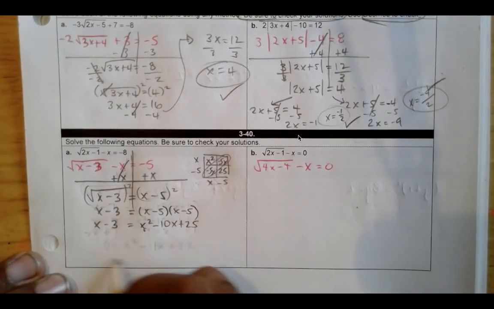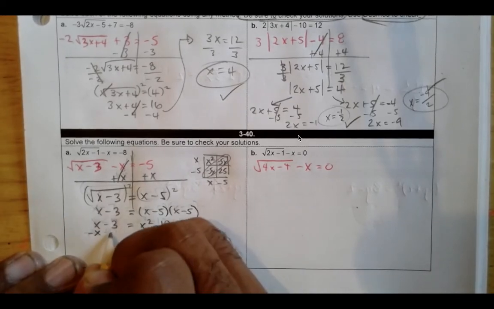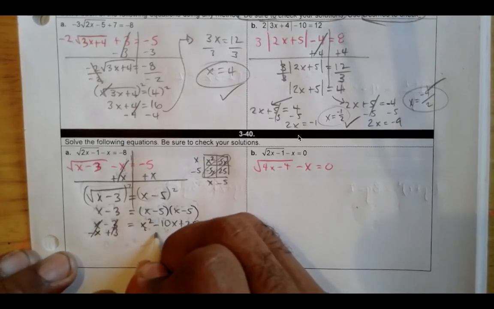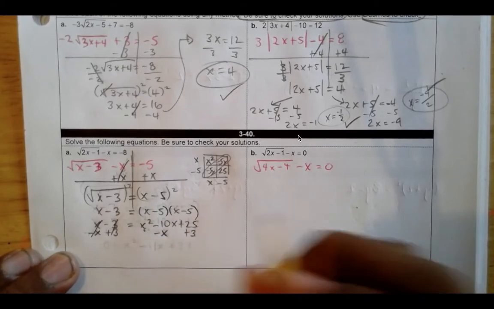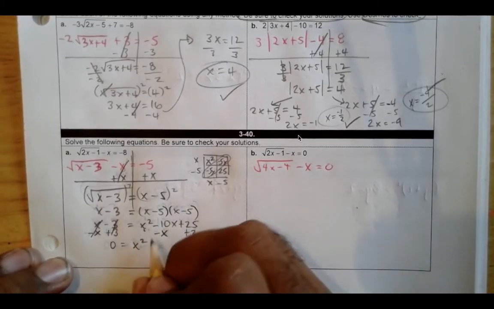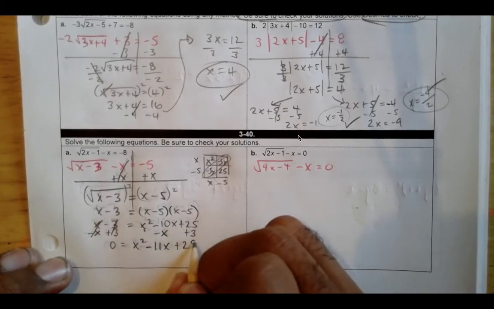So that means we need to get it equal to 0. So basically I want to take away this x and this 3 from both sides. So here I'll subtract x and then add the 3. Okay, so then I get 0 here, and then we have x squared minus 11x plus 28.